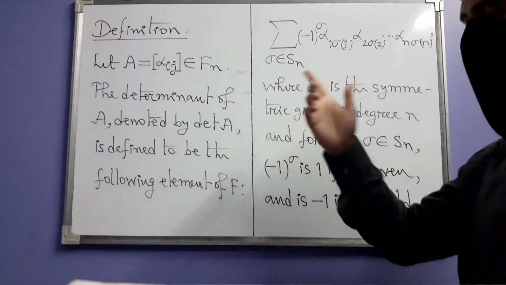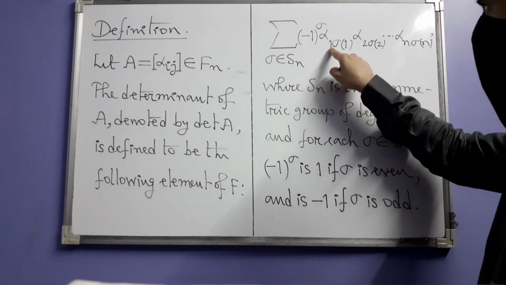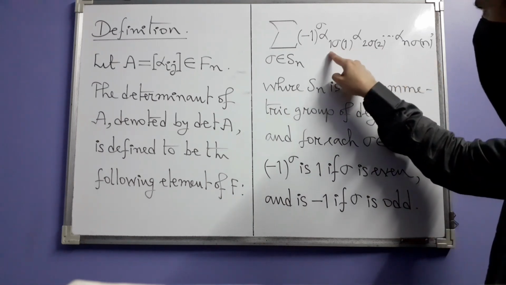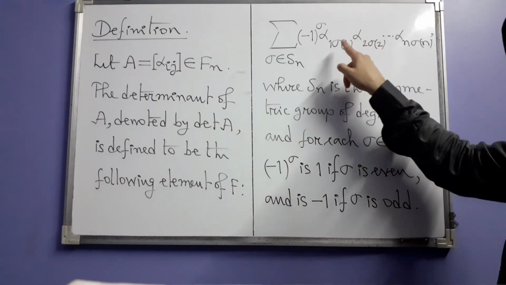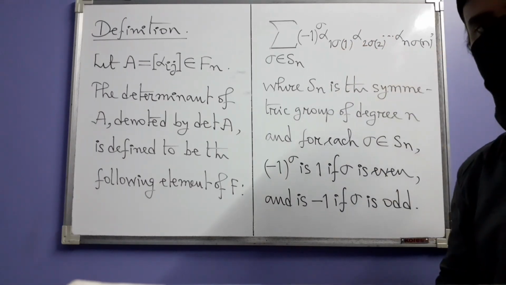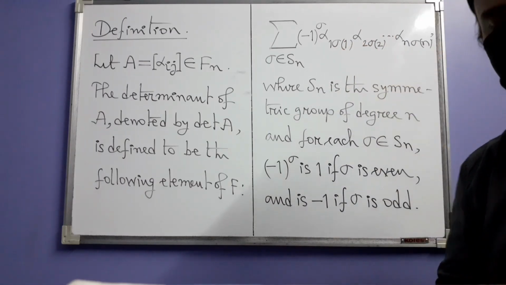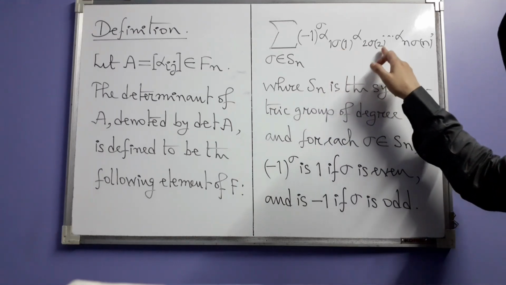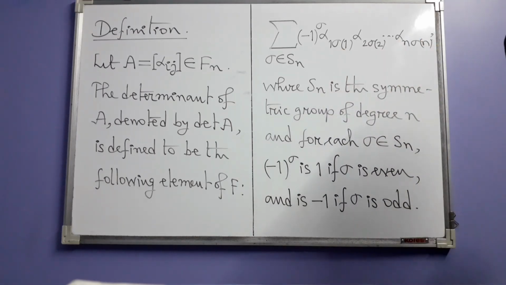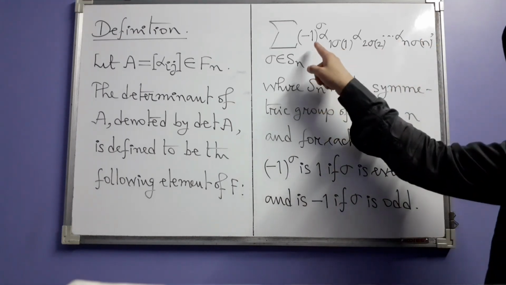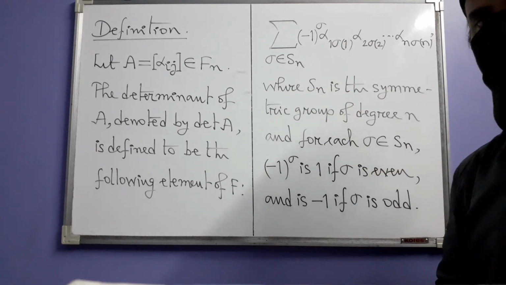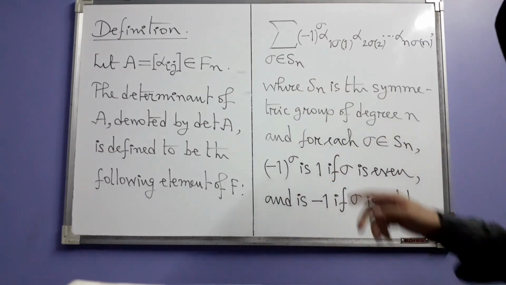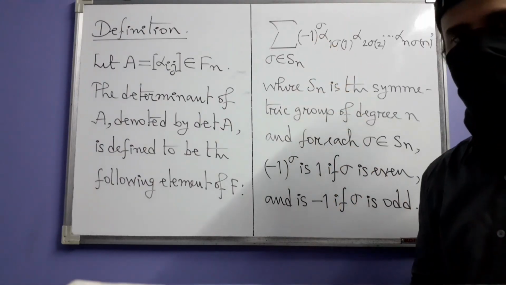This time we are dealing with an n by n matrix, so you have 1, 2, 3, 4 up to n, followed by the sigma images of these numbers, sigma of 1, sigma of 2 up to sigma of n. However, there is this extra quantity also multiplied with this product, which takes care of the sign.